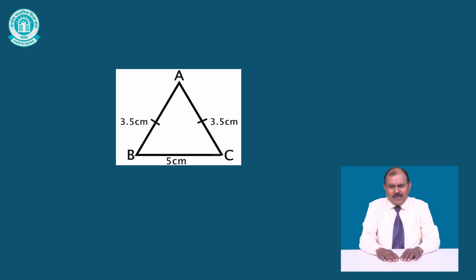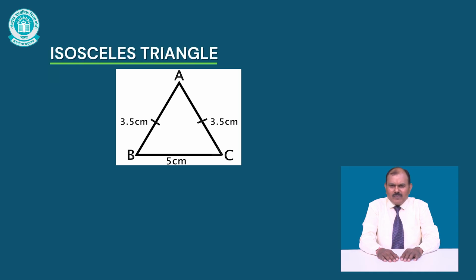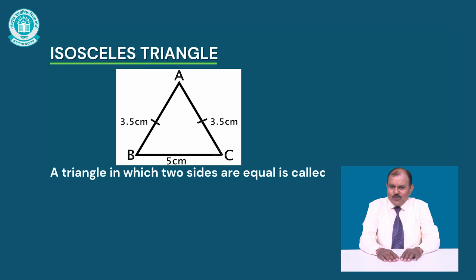Let us construct a triangle in which two sides are equal to 3.5 centimeter and the third side is equal to 5 centimeter. What is such a triangle called? A triangle in which two sides are equal is called an isosceles triangle.